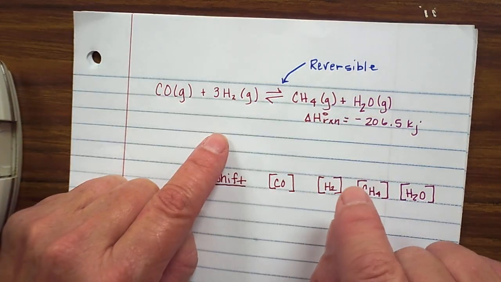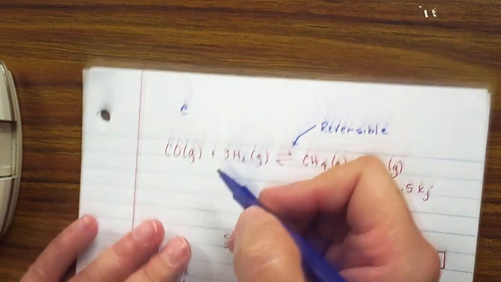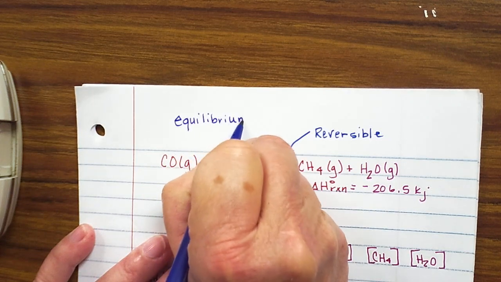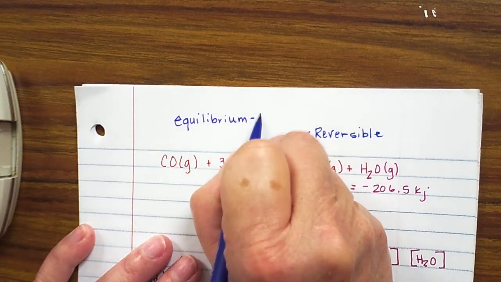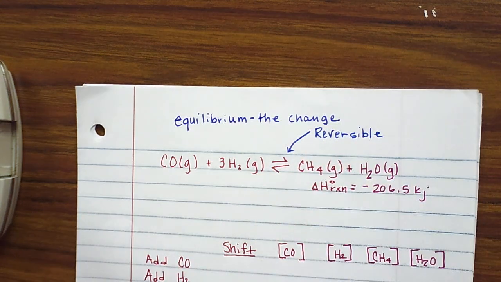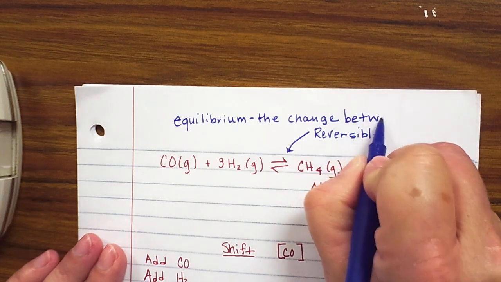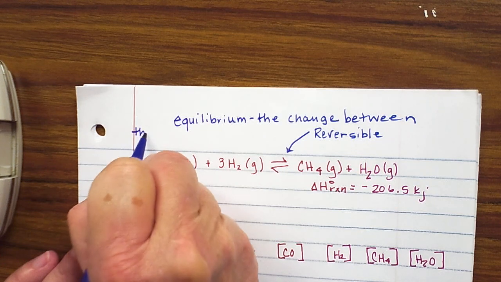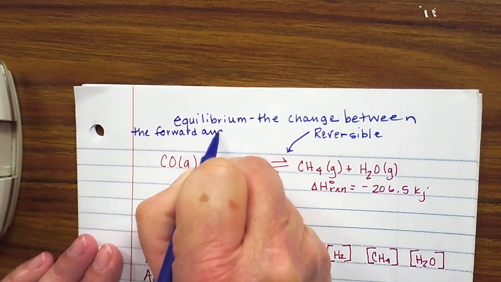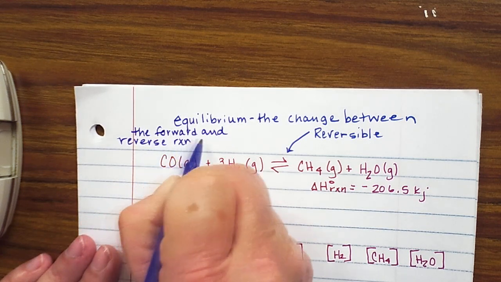The second thing is that this system will reach an equilibrium, where the change between the forward and the reverse reaction are equal.